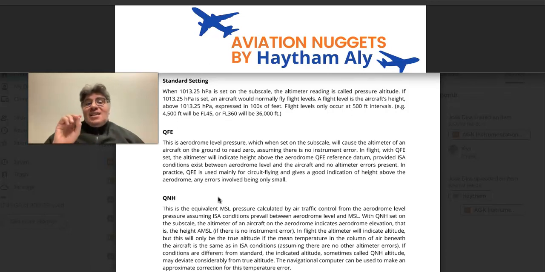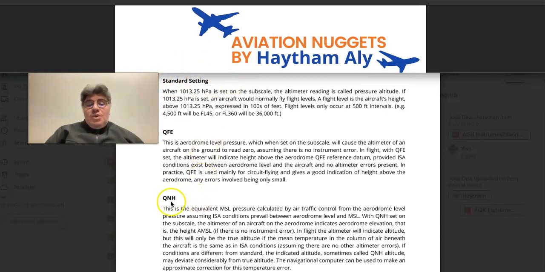They assume that the altimeter only shows altitude. No, the altimeter may show altitude only if the setting is QNH, and it will show height if the altimeter setting is QFE, and will show pressure altitude or flight level when the altimeter setting is standard setting or 1013.